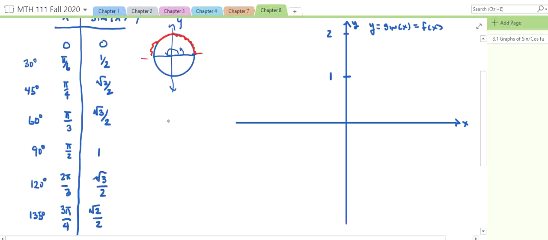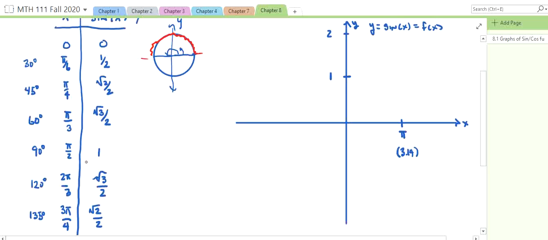And our x values are in terms of pi, or fractions of pi. So let's put pi here. We can estimate that as like 3.14. So that's like a value of x of 3.14. That's pi. Now I want to plot these things.